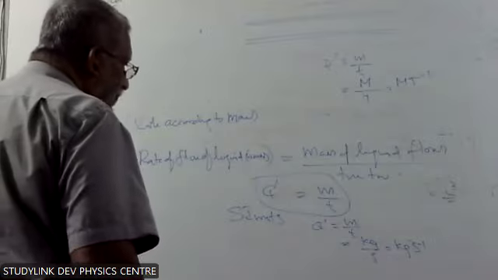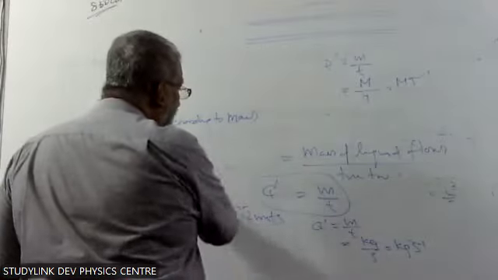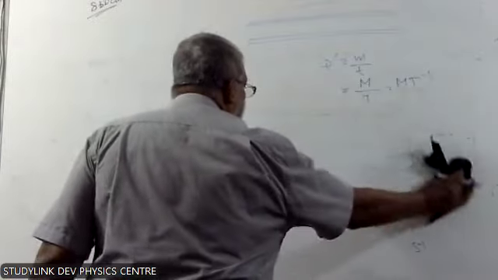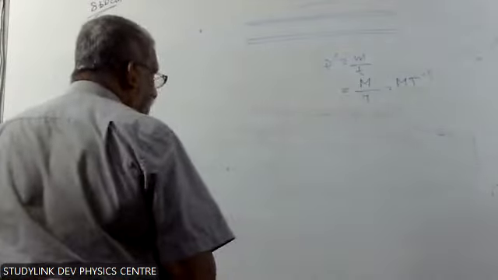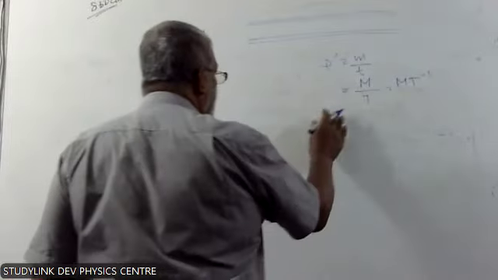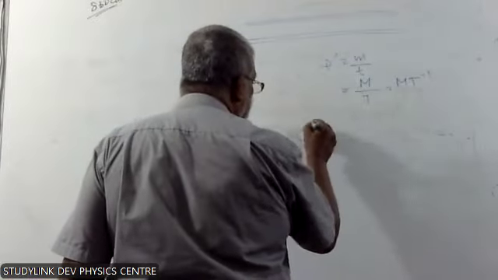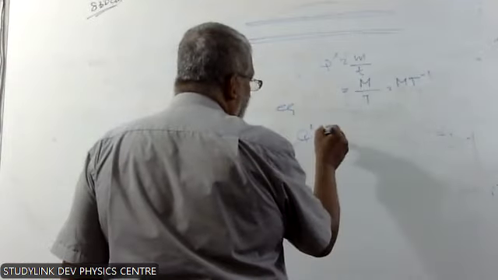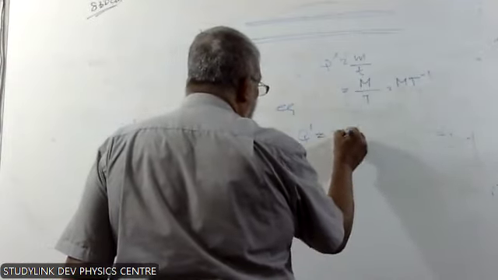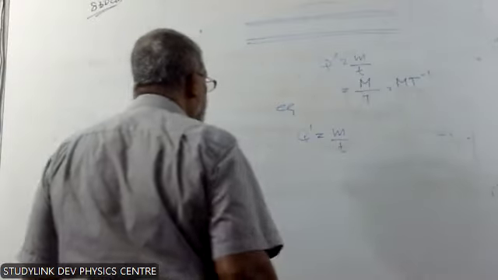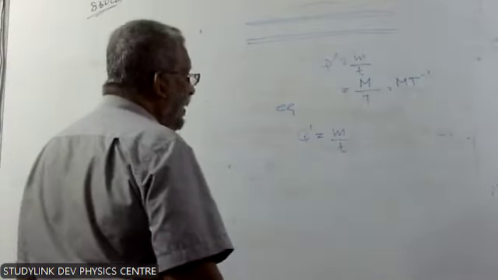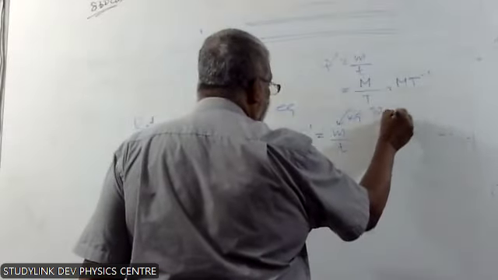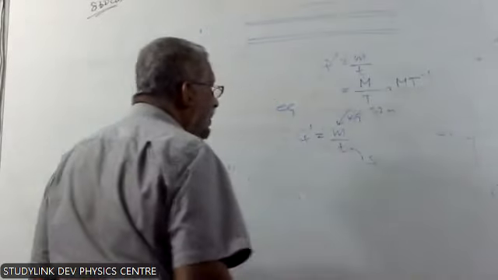Now I'll tell you how to convert. Sometimes mass per unit time is given, for example Q dash is equal to M over T, with mass in kilograms and time in seconds.